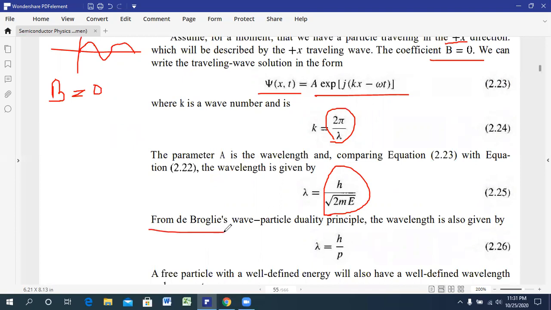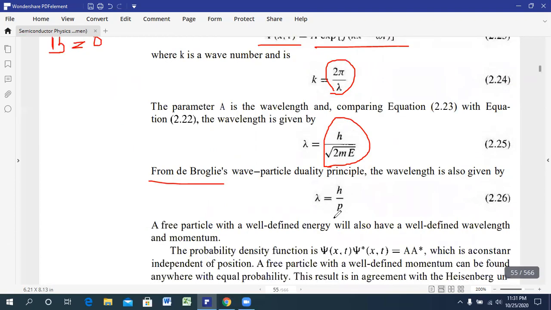Again, from de Broglie's wave-particle duality principle, we know that lambda should be equal to h divided by p, where p is the momentum. So for a free particle, a well-defined energy will also mean a well-defined wavelength and momentum.